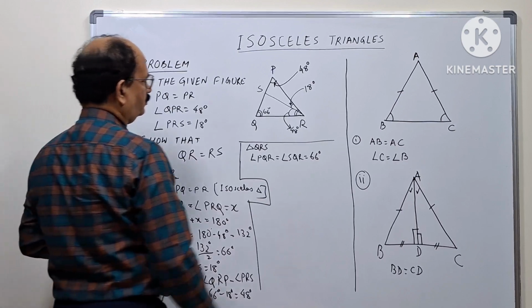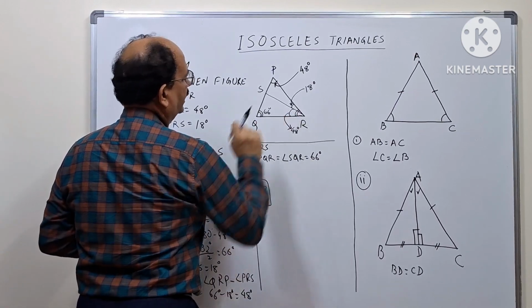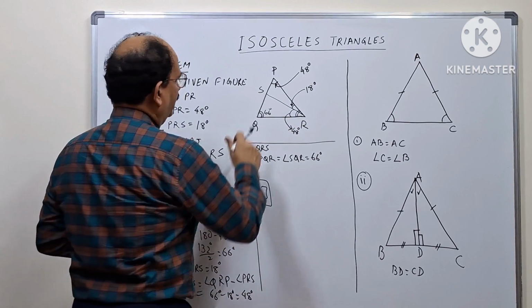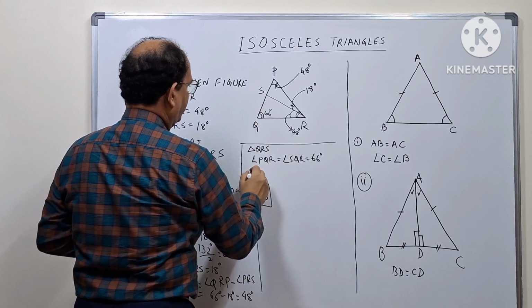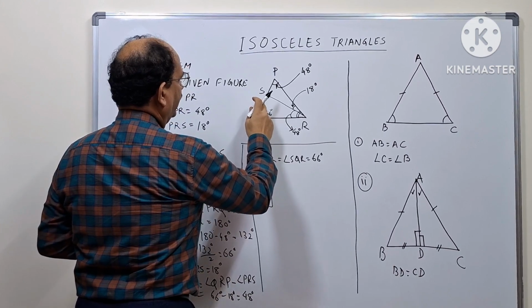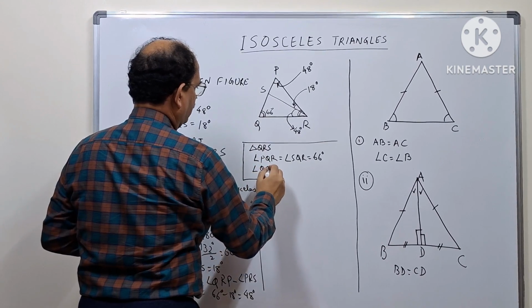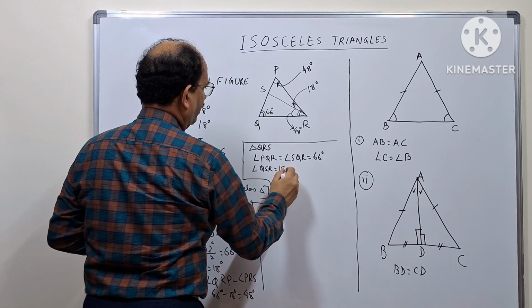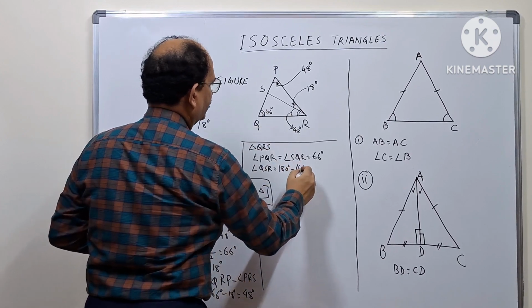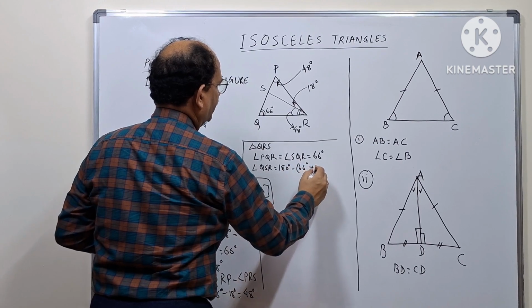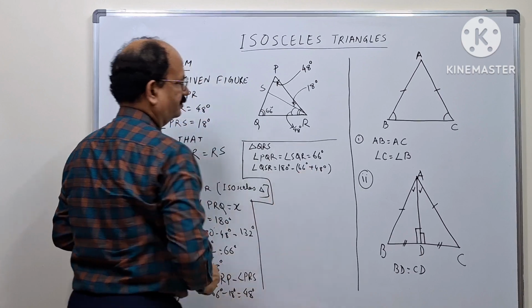Now, we know that this angle is 48 degrees. So we can write that this angle, angle QSR, will be equal to 180 minus the sum of these 66 degrees plus 48 degrees.